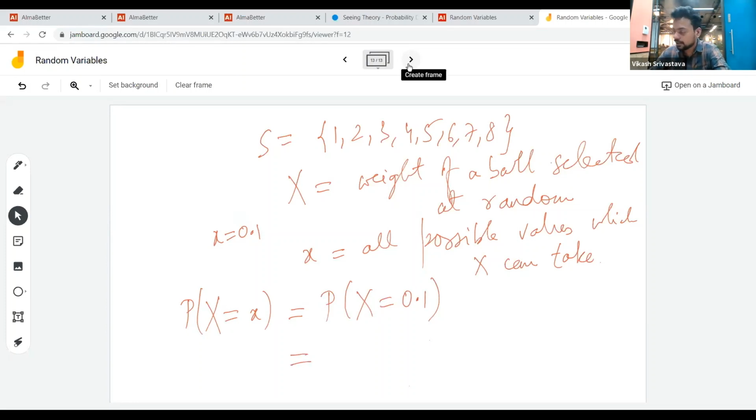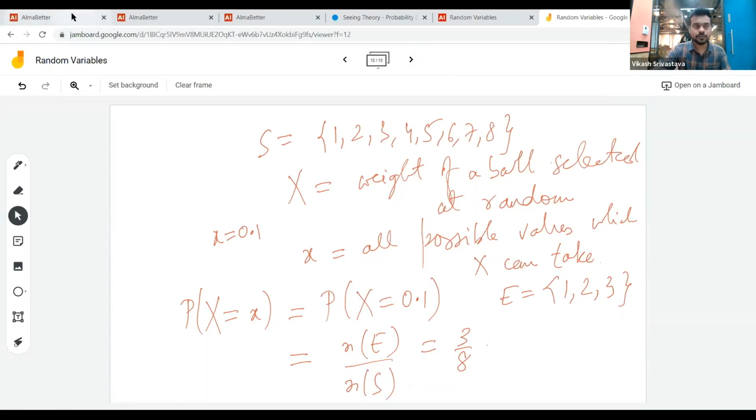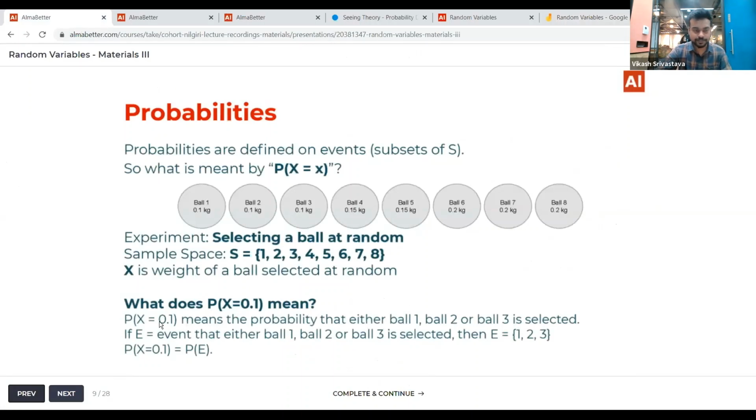We know that the event E has 3 outcomes, 1, 2, 3, and the sample space has 8 possible outcomes. So this will be N of E divided by N of S, essentially 3 by 8. So there is a 3 by 8 probability for this random variable to take the value 100 grams. I hope this makes sense.